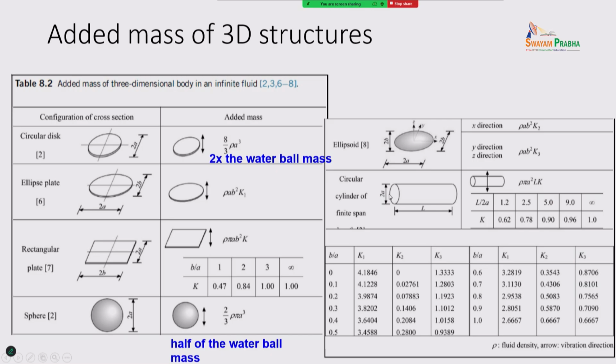As I say, the cylinder shape already gives you a sense of the added mass effect. So again, it really depends on the cross-section area. Some of the entries in this table you can get closed-form solutions for, and some are more numeric, using coefficients for the correction. So this is the added mass concept.